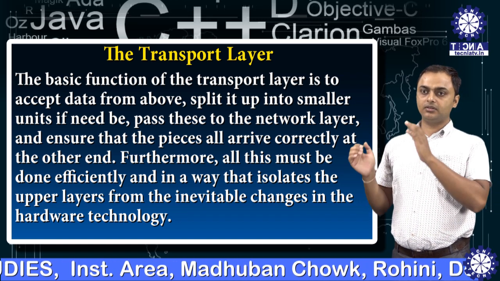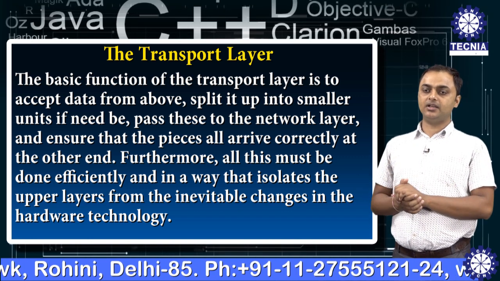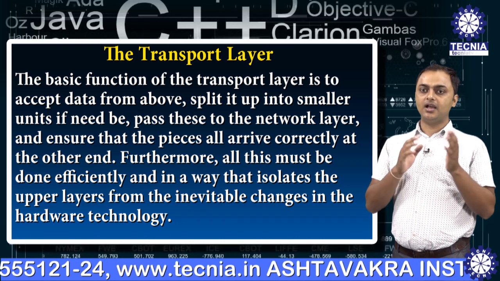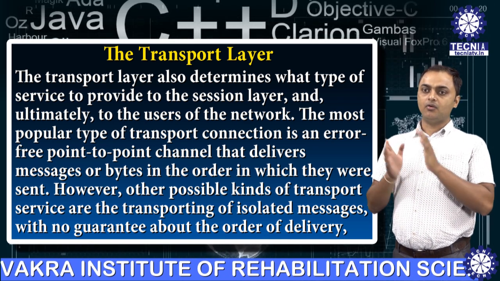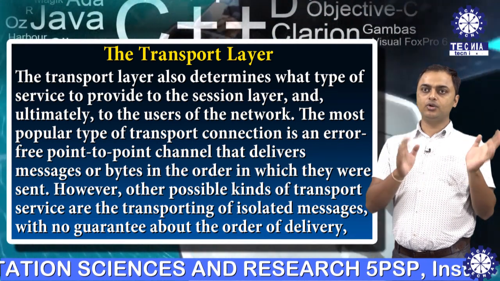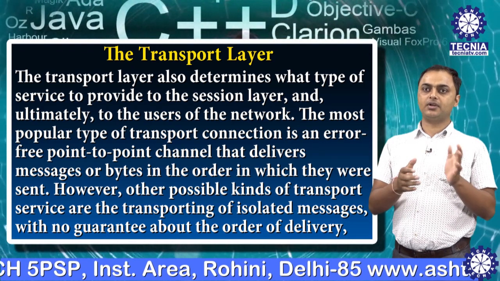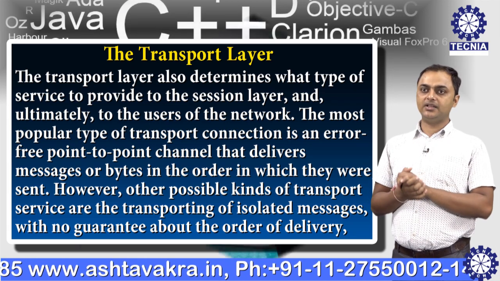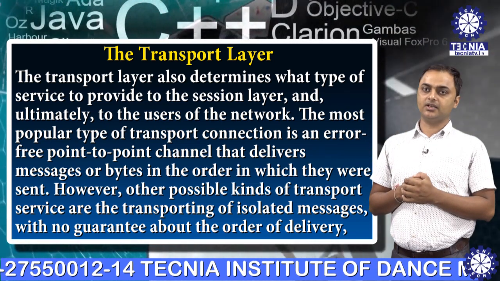Furthermore, all this must be done efficiently and in a way that isolates the upper layers from the inevitable changes in the hardware technology. The transport layer also determines what type of service to provide to the session layer and to the users of the network. The most popular type of transport connection is an error-free point-to-point channel that delivers messages or bytes in the order in which they were sent.